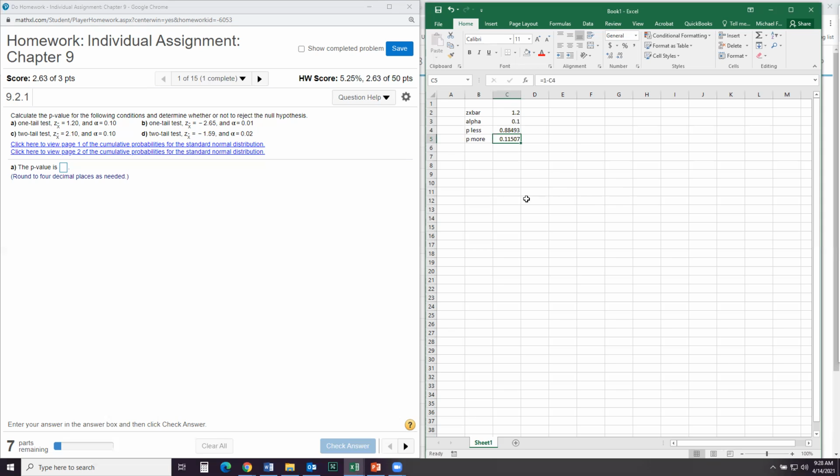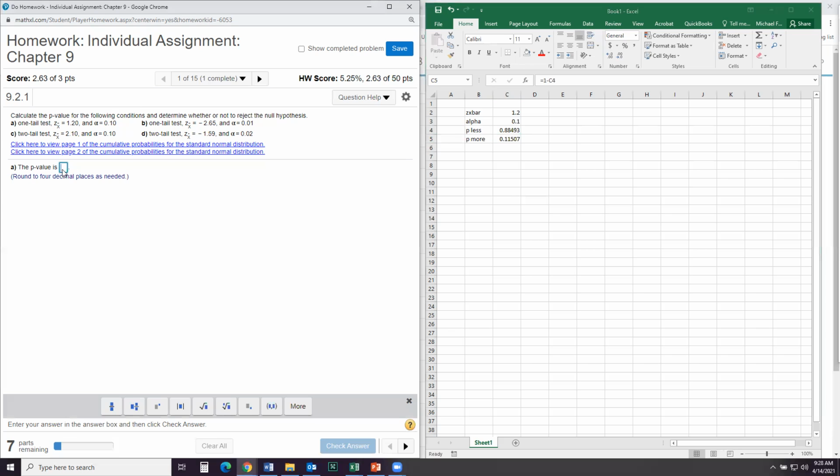So anything to the left of it, there's an 88.493% probability of having a value to the left of it and a 11.507% chance of having a value to the right of it. That's all that means. Whenever we're dealing with a positive z of x bar, we're going to look for the probability of more.